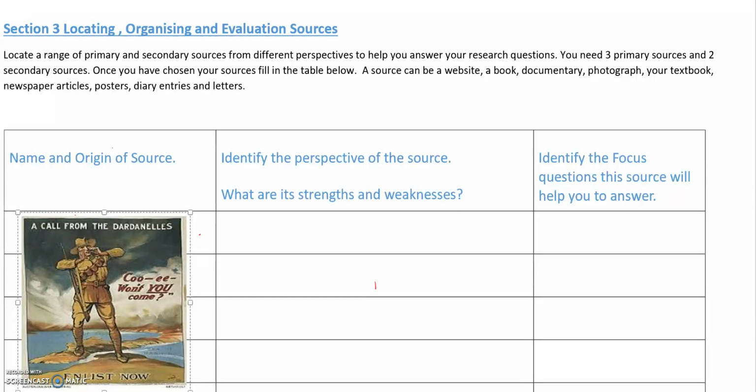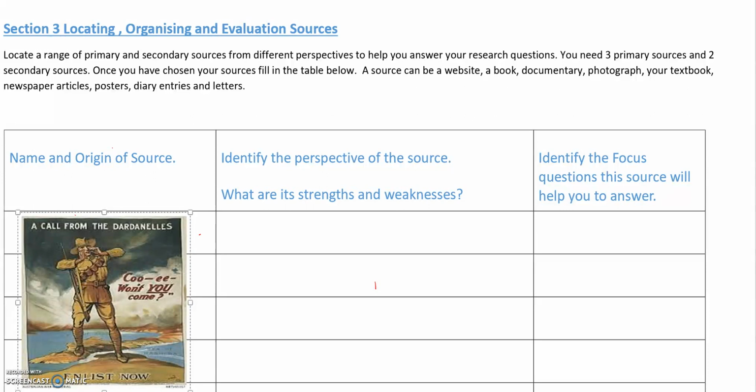A source can be an artifact, a website, a book, a documentary, photos, parts of your text, not your whole textbook, not a whole book. It's things like just a snippet, because we really need to see it in your table. So we wouldn't say the whole textbook. It might be page 352 and a small piece of text.